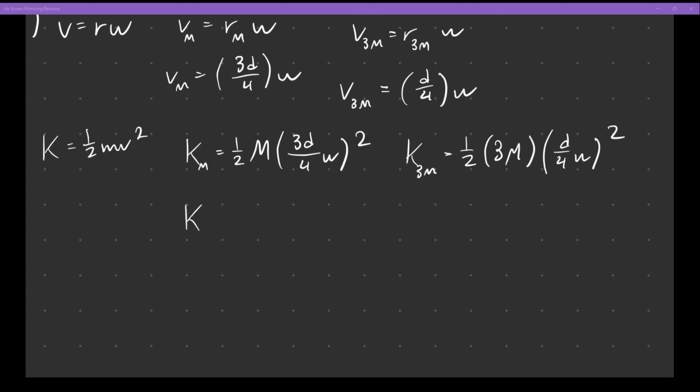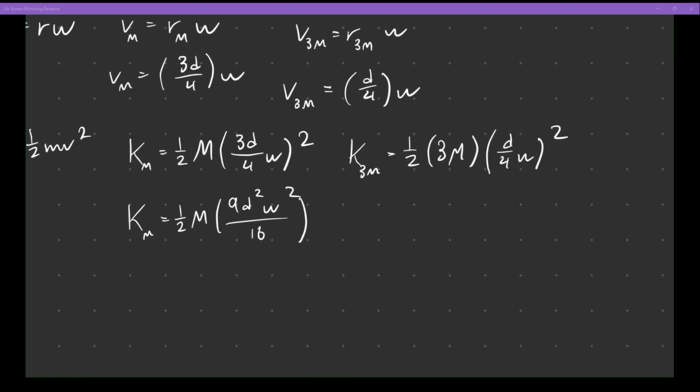So I'm going to simplify this a little bit. So this is 1/2 m 9d squared omega squared over 16. And on this side it's K3m, 3 over 2 m times d squared omega squared over 16.